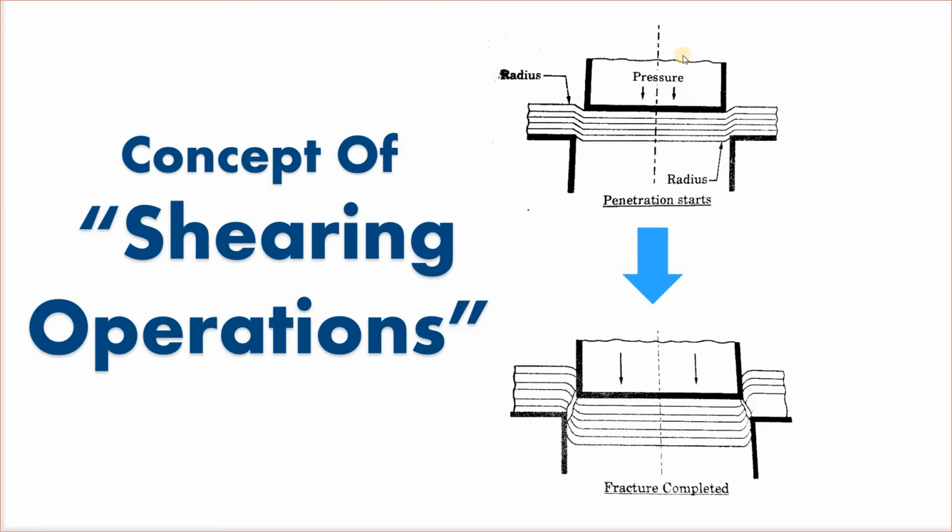To fulfill this requirement, we use one punch and one die plate, and in between we place the strip or metal sheet on which the pressure has to be applied by the punch, and the deformation takes place at the place where the clearance has been provided. So this is the concept of how shearing takes place.